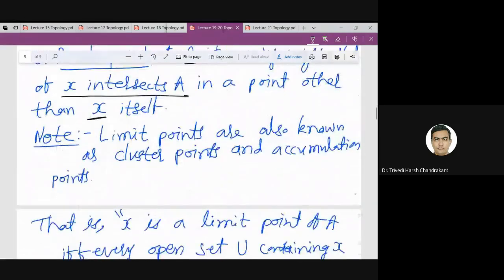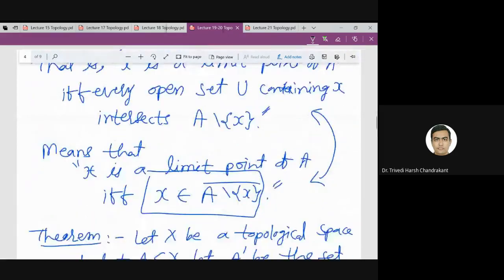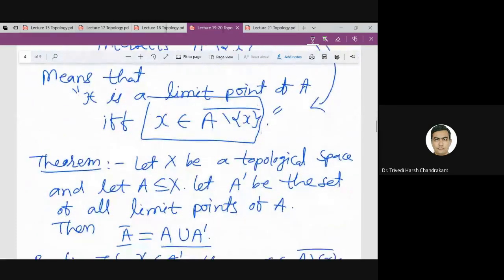We already know this from real analysis, and then we discussed that x is a limit point, that is nothing but this condition.